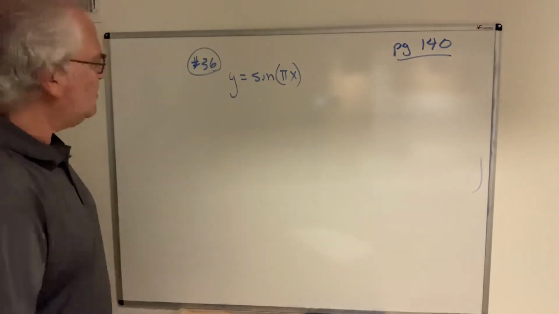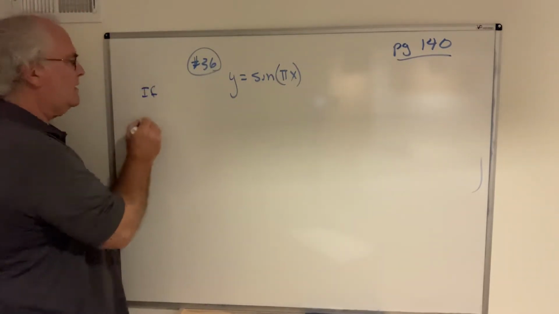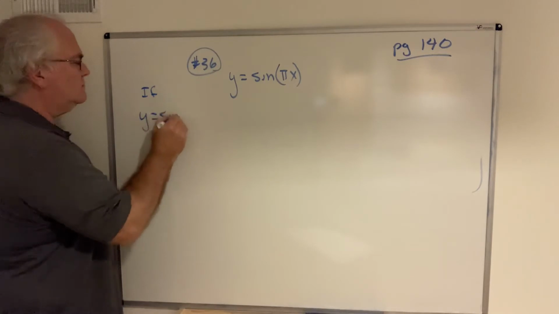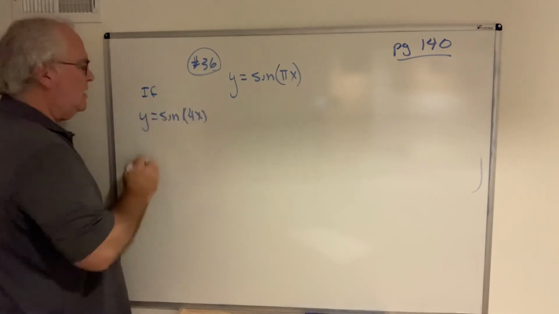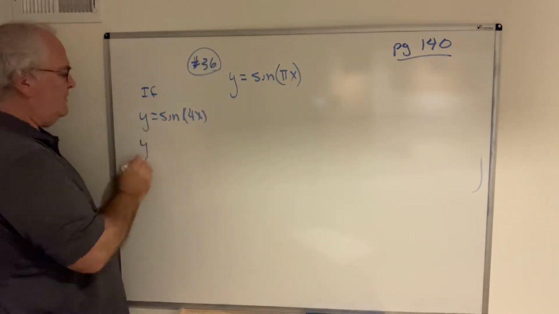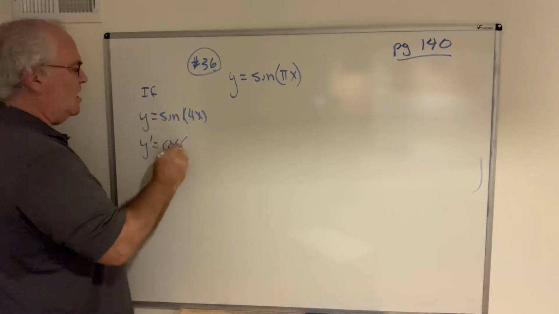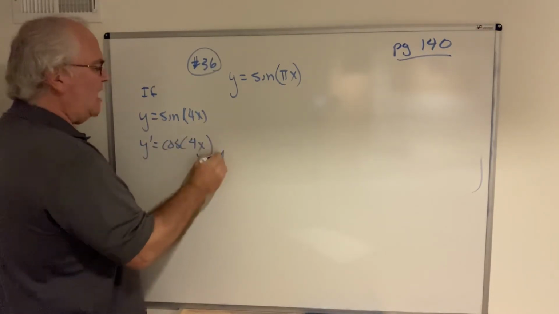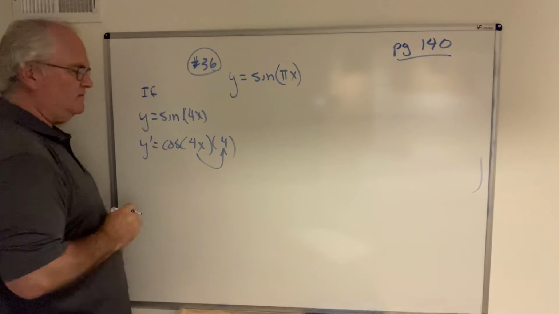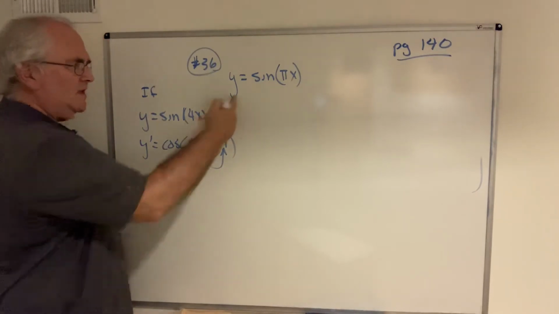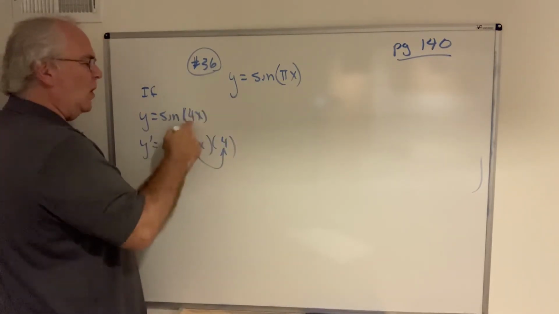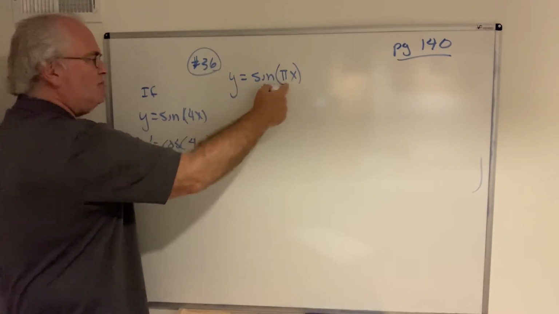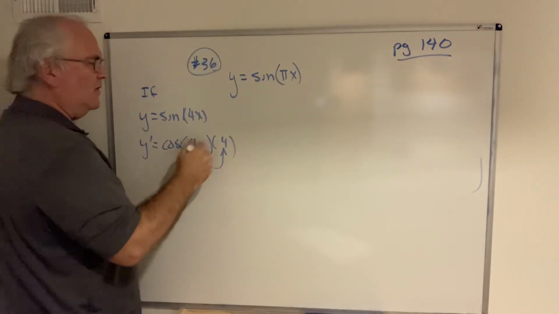If this were 4x, then this is sine of stuff. The derivative is cosine of copy paste times derivative of the inside. And you're done. Well, this is the same thing, except instead of 4, you have pi. You treat pi just like you did the 4 over here.